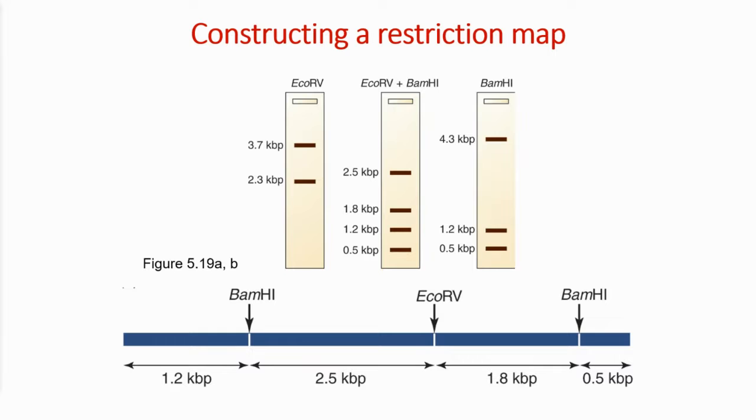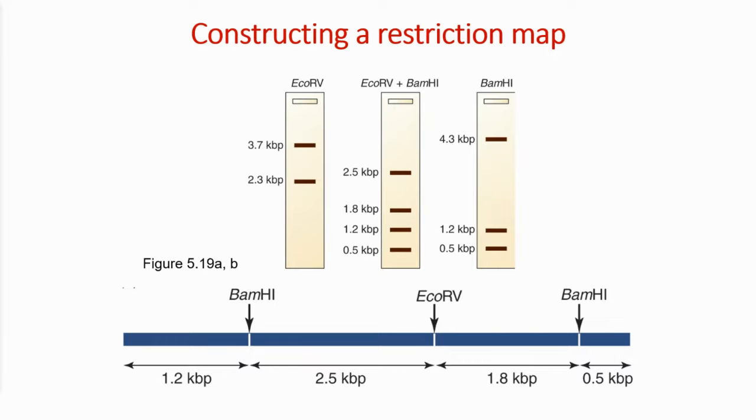So how do you do this? Basically, from the number 3 step, you remove the other enzyme digestion. You look at the second enzyme. Once you remove the first enzyme, you see this combination is 4.3.